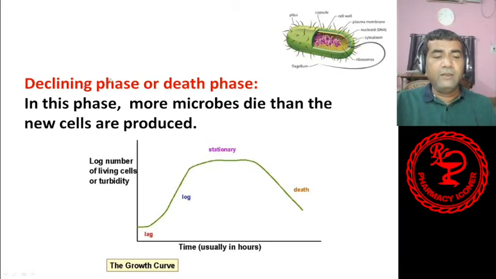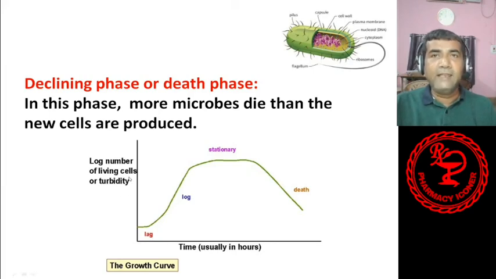Here, remember, for the growth curve the log number of living cells, the viable count of cells, is taken. The number of living cells is measured by suitable cell counting methods, and if it is a liquid culture media, the number of cells may be measured by turbidity.